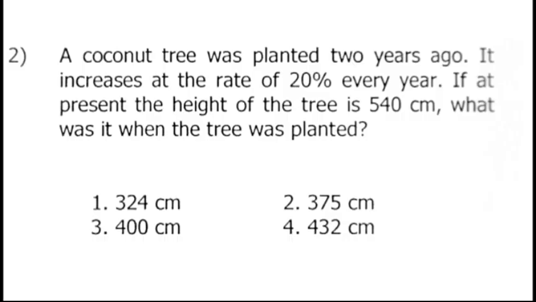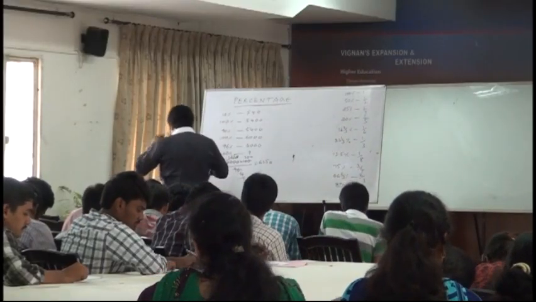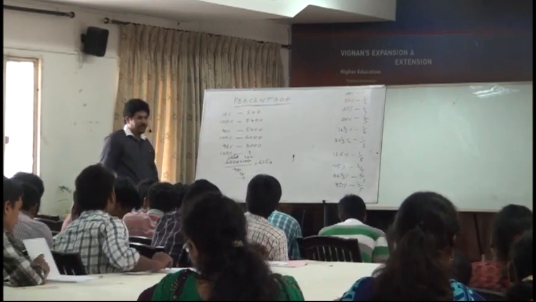A coconut tree was planted 2 years ago. It increases at the rate of 20% every year. If at present the height of the tree is 540 centimeters, what was it when the tree was planted? When was it planted? 2 years ago.